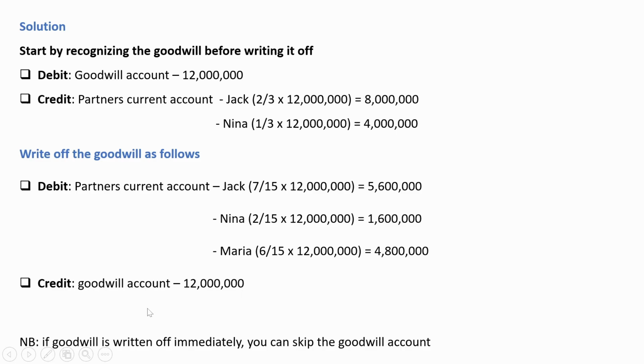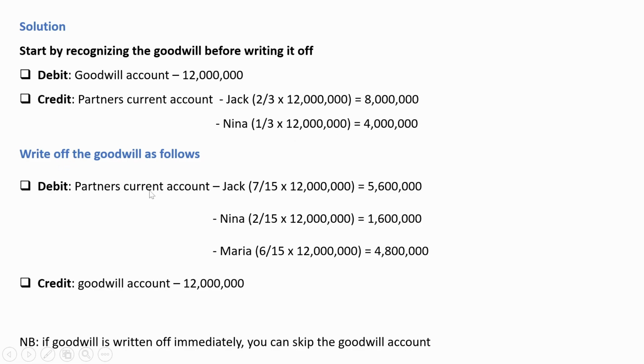So there is something you can note below here, that if goodwill is written off immediately, you can skip the goodwill account. So skipping the goodwill account means, in the first case, you can just credit the partner's current account, 12 million.